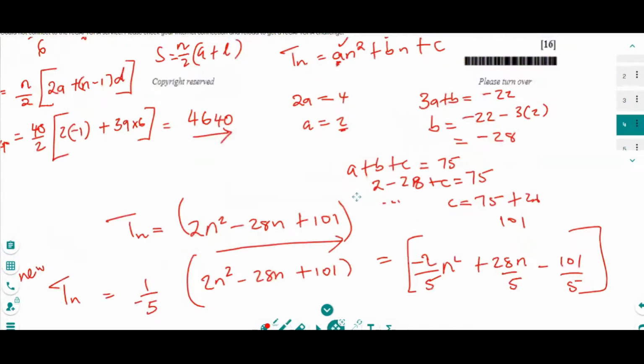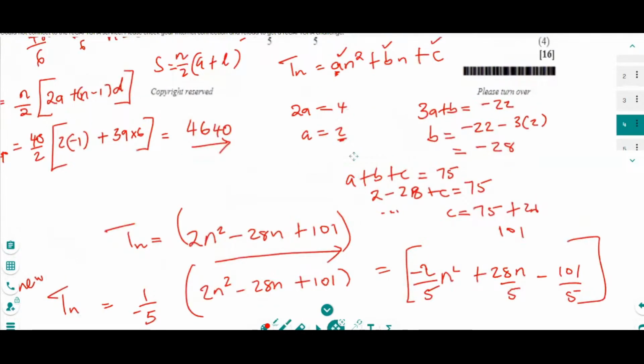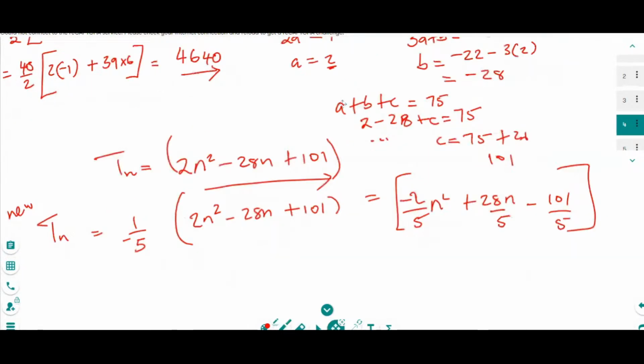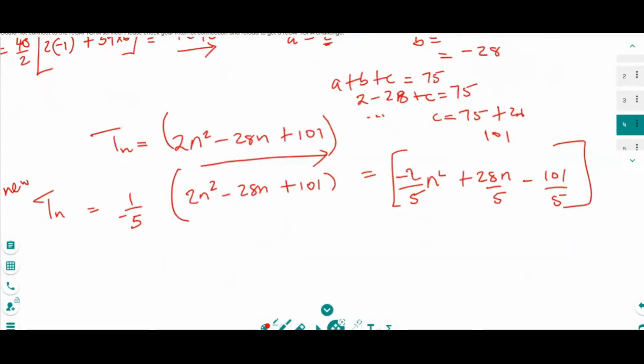Remember, with a quadratic sequence, quadratic pattern, we're talking about a parabola. So with this parabola, it's a frowning parabola, which means it's having a maximum value somewhere. How do we determine the maximum value or the minimum value? It's x is equal to negative b over 2a.